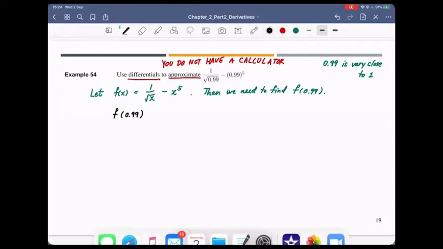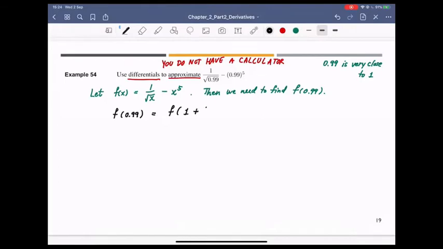f(0.99) is equal to f of 1 plus negative 0.01. The reason I do this is I want to split 0.99 into 2 pieces, x plus dx, because I hope to use my approximation f(x) plus f prime(x) dx.